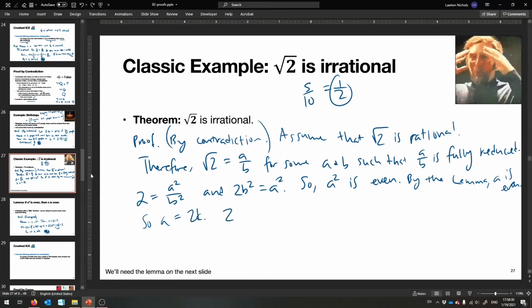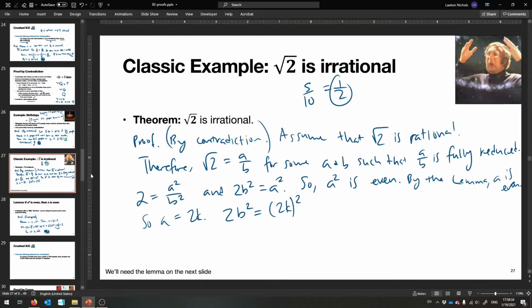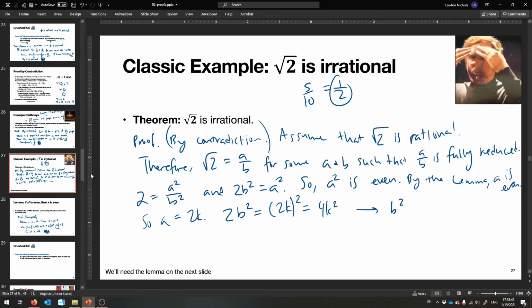So 2b squared equals (2k) squared equals 4k squared. And oh man, I can divide by a 2. I got 2b squared equals 4k squared. I can divide by 2 on both sides. I can go to b squared equals 2k squared.